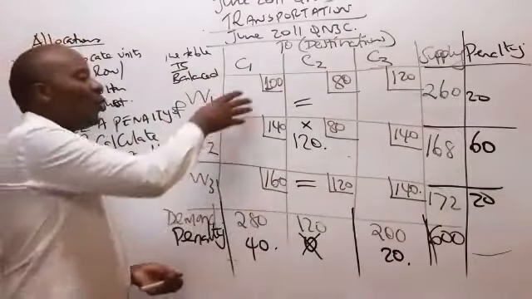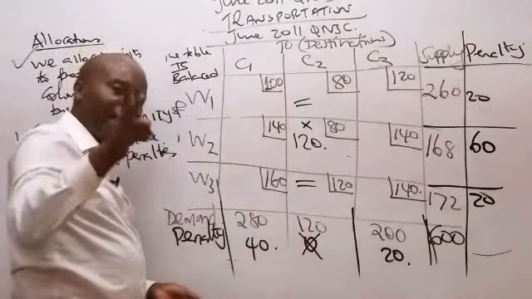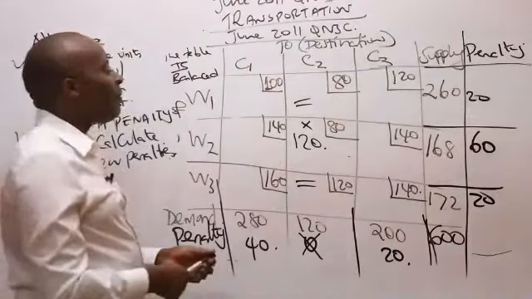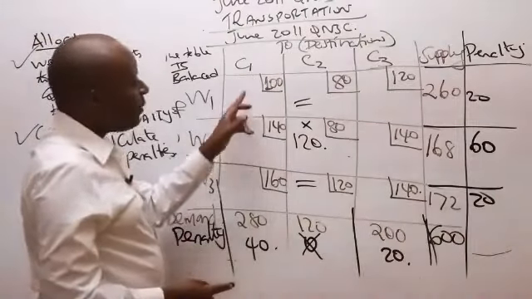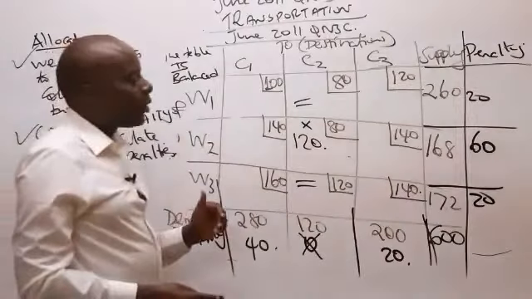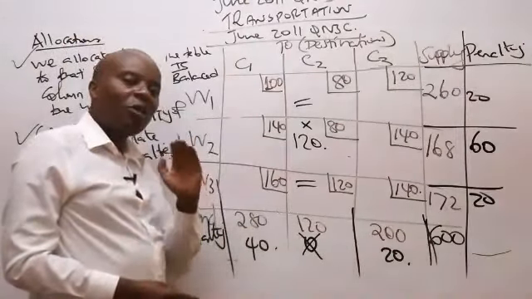And when I come to looking for these penalties afresh, I know it's about two best cells. It is best cell minus second best. So the very best cell in this column is 100, followed by the next one, which is 140. So 100 minus 140 gives me a penalty of 40.